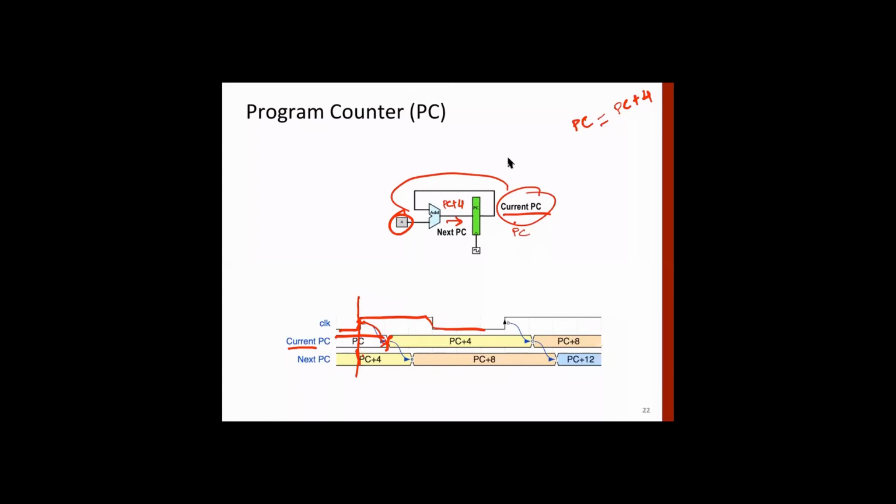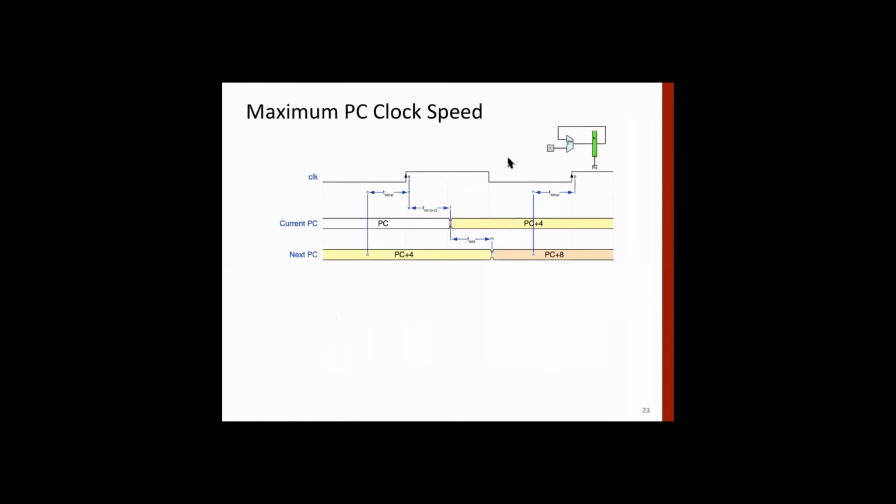All right. Now if we look at the diagram further, you can see the delays here. The value has to be stable for T setup time. It means this value has to be stable, which is PC plus 4.